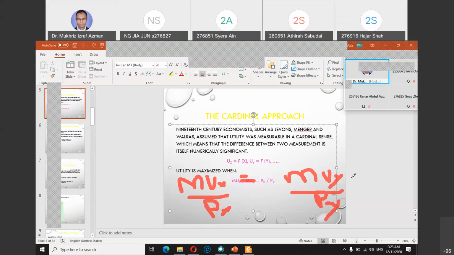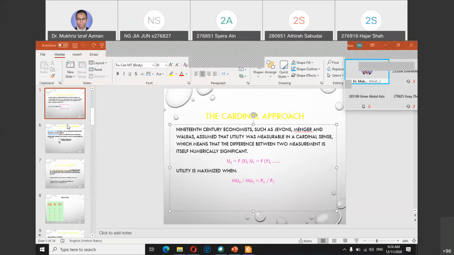So this equation here is what we call the equilibrium condition: the ratio of utility MUx over Px equals the ratio of MUy over Py. If this situation is fulfilled, or when both are equal, that means the consumer has achieved equilibrium.